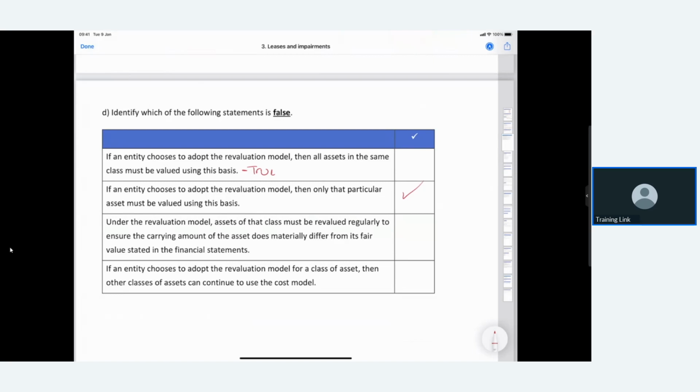So under the revaluation model, assets of that class must be revalued regularly to ensure the carrying amount of the asset doesn't materially differ from its fair value stated in the financial statements. Well, that is absolutely true.